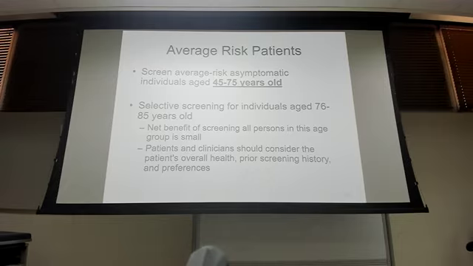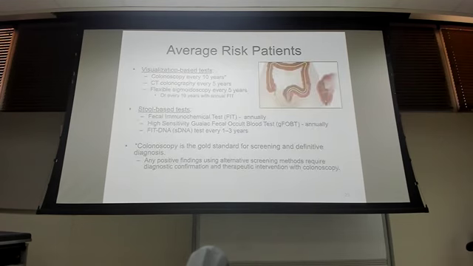Average risk asymptomatic individuals 45 to 75 get a colonoscopy. As I mentioned, 76 to 85, no real net benefit of screening everyone in that age category. Consider their overall health, comorbidities, what, if any, past colonoscopy screenings they've had, and talk to the patient about their personal preference in that age group.